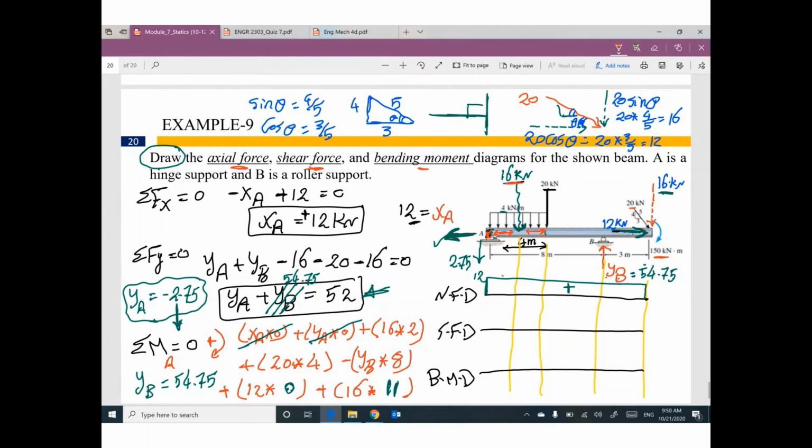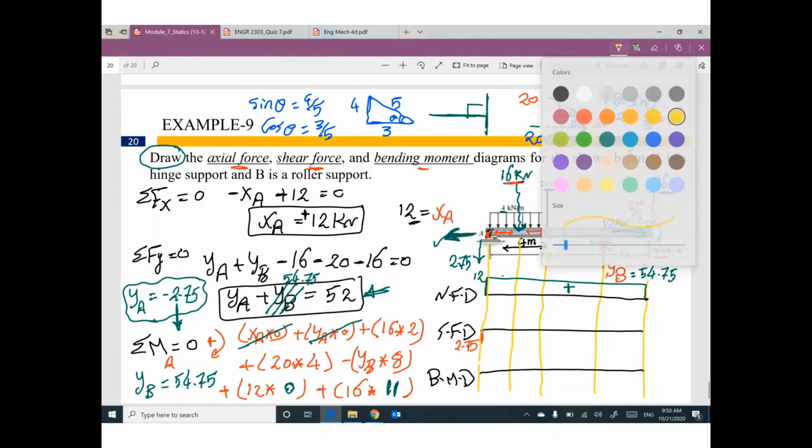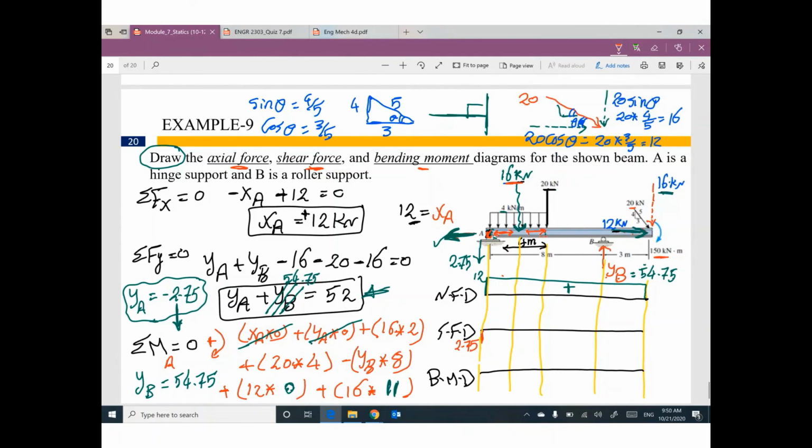So I will go down here by 2.75. Your reaction is going down. Okay, that's fine. So I will go down 2.75.